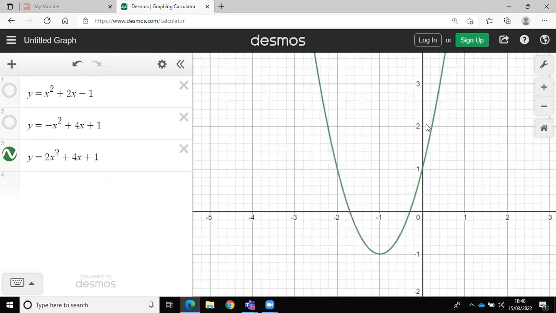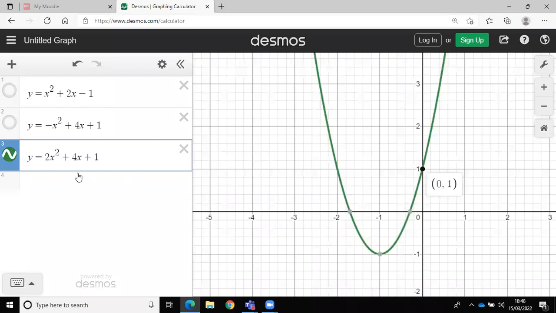The shape, because it's a positive x squared term, we're getting that smiley face shape. Where does it cut the y-axis? Well, it cuts the y-axis when x is equal to 0. So if we put x equal to 0 there, you get y equals 1. Here's your coordinate there.